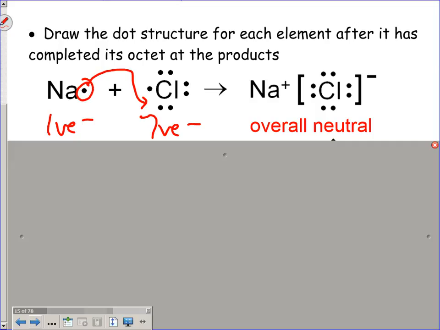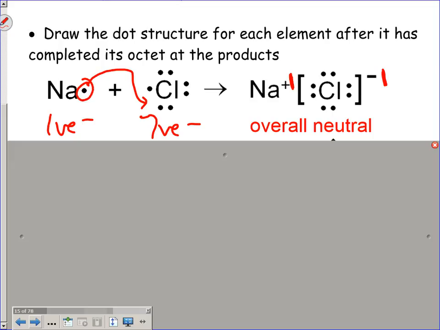As it did that, sodium got a charge of 1 plus, which, remember, if it doesn't have a number after it, you assume it's 1. Chlorine, which gained that extra electron, now has a charge of 1 minus. To indicate those valence electrons changing, we totally wipe out sodium, so we don't draw any dots around it at the end.